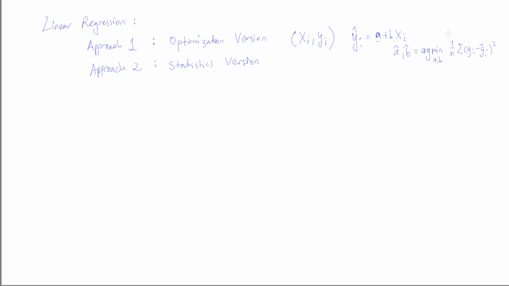We derived this. We talked about it for a while. We talked about the multivariate version. You know, we've already covered approach one. Why do I call this optimization version, not the statistics version? Because there's no mention of statistics whatsoever, right? We just talked about a model. We picked a model. This is the model. We notice the model has some parameters, a, b. We set up a minimization or maximization, an optimization, and we solve the optimization, and we get some values, okay?